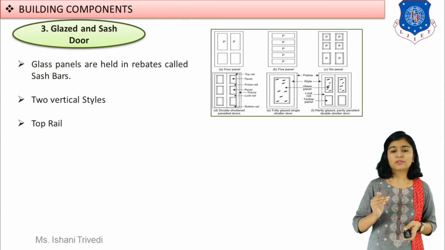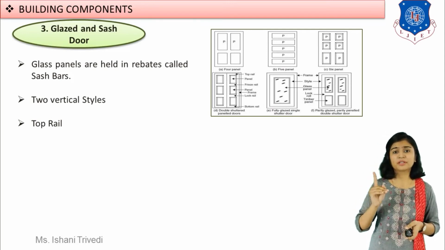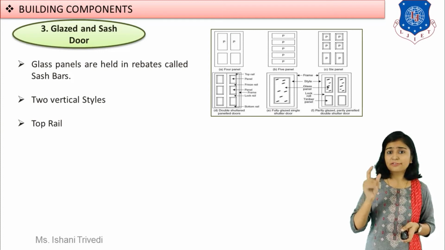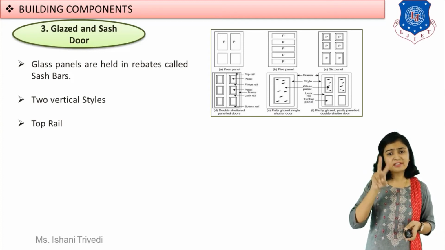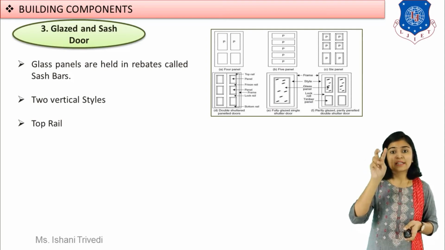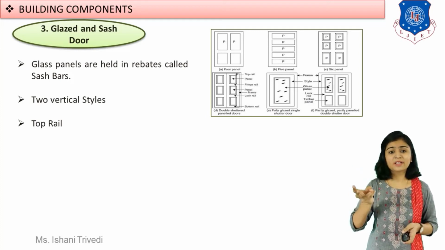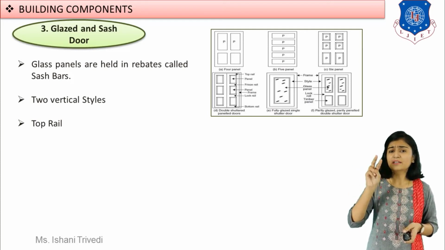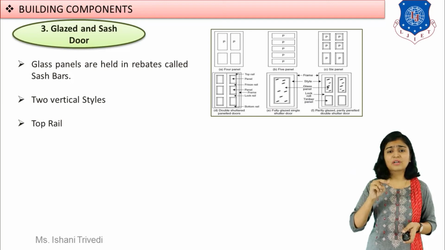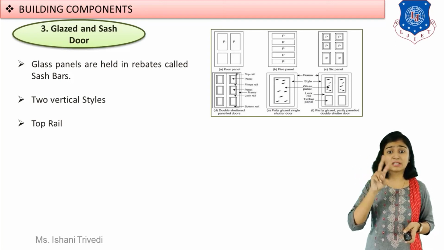Okay. So now look at the first image, the first leftmost sketch. You can see it is a simple door having 1, 2, 3 and 4 panels. Now these 4 panels will be made up of glass. Come to the second one again. I think P is written over there, so I may consider it as a panel, not a glass.